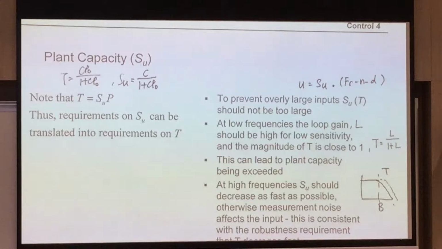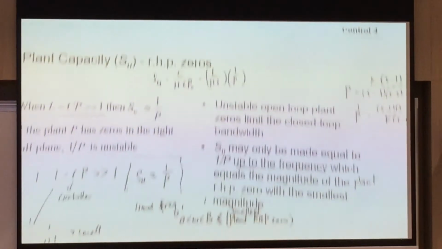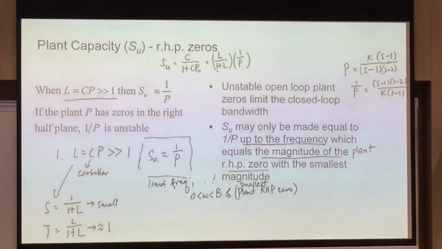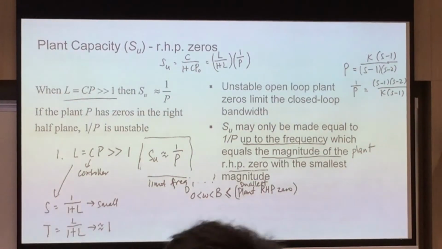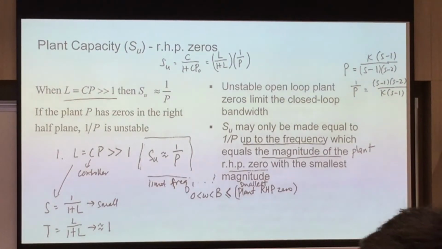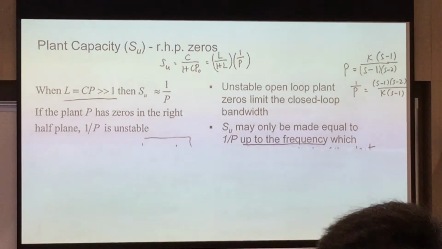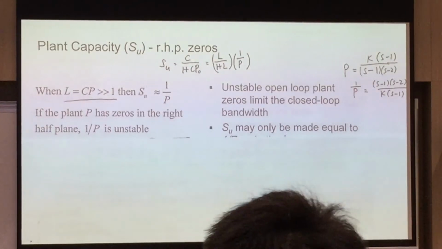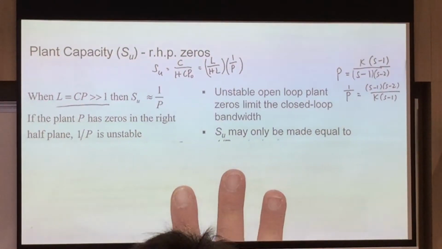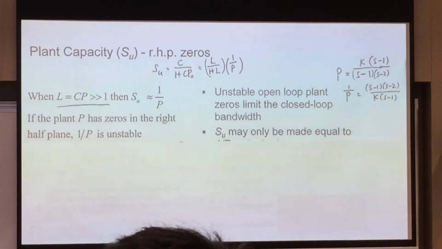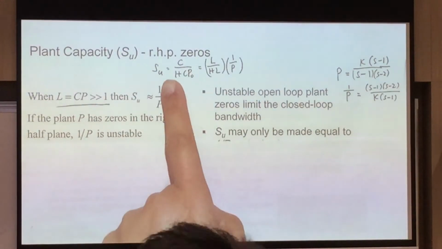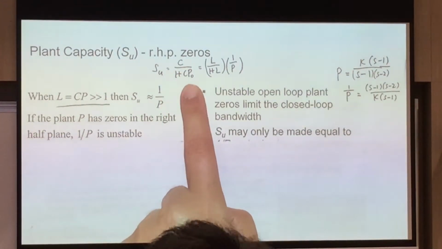The other thing you need to know about Su is also the fact that there could be right-hand plane zeros in Su. So we derived that Su is C over 1 plus Cp naught.